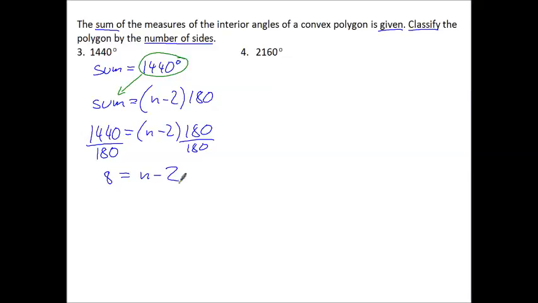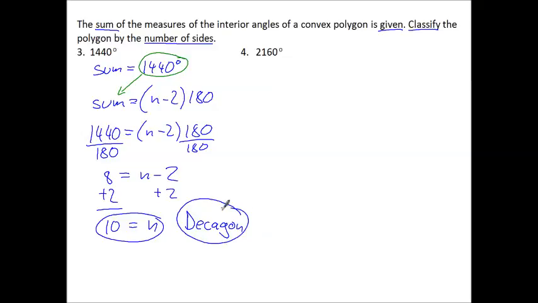No more parentheses needed at this point. And now we're going to add 2, and we get 10. 10 is equal to n. And this means that we have a decagon. This is a decagon.